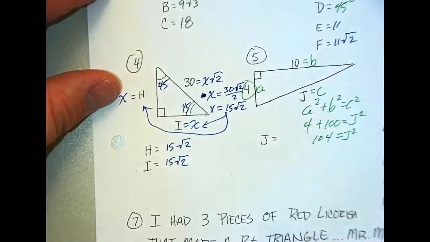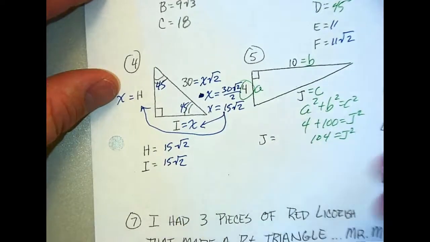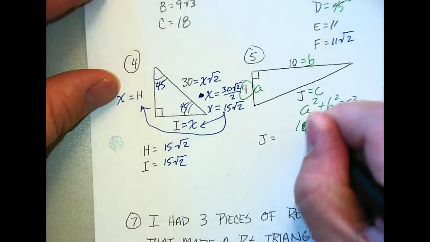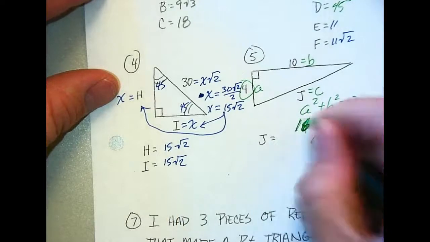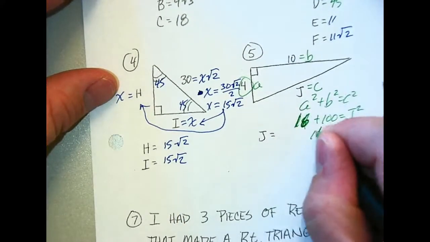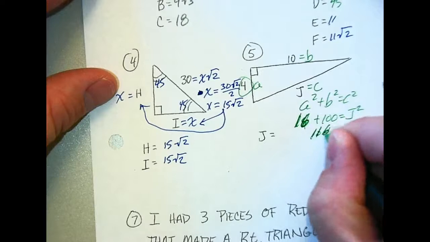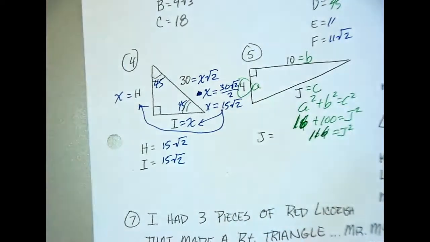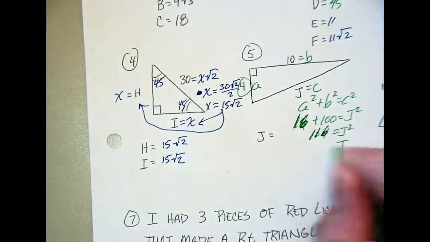Oh man. Darn. Now that time I actually did make that mistake on purpose, except I should have used my pencil. Make sure you remember to square 116. So I'm done, right? J equals root 116.